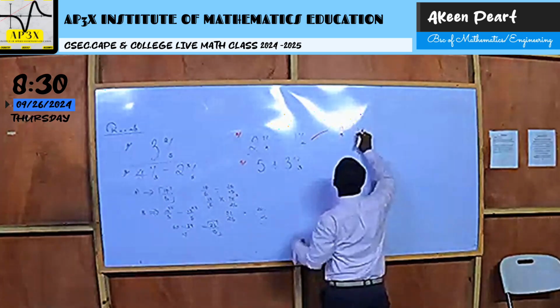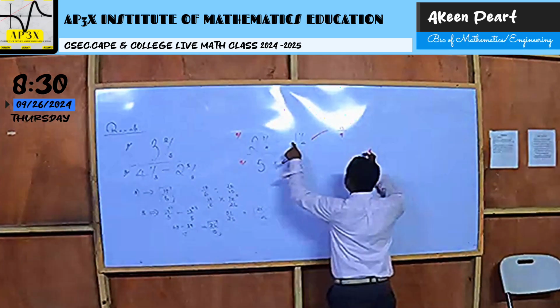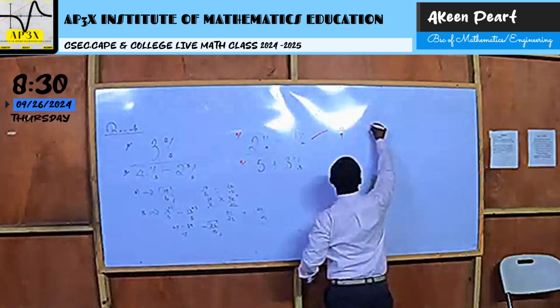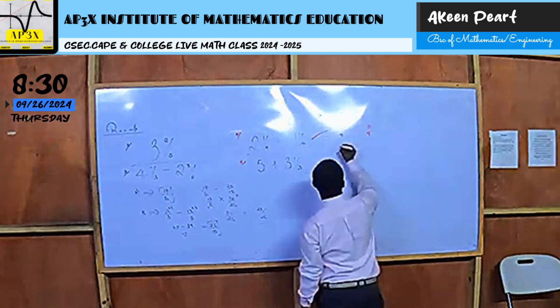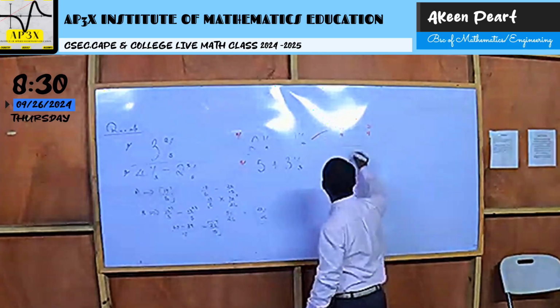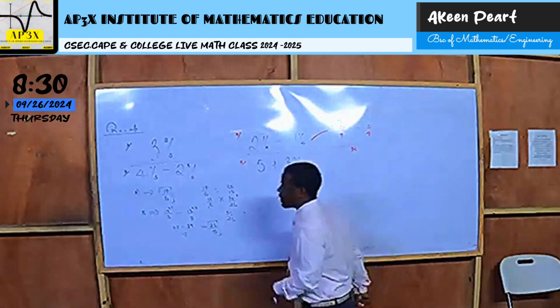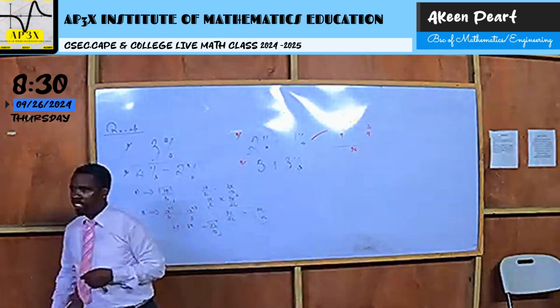We take away 4 times 1 is 4, plus 1 is 5 over 4. Okay, so this is the A part. Working it out here, the LCM is going to be 36. 9 times 4 is 36.